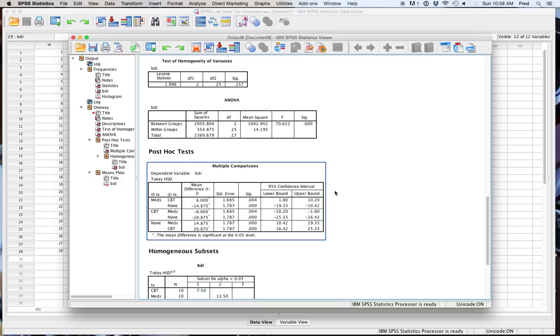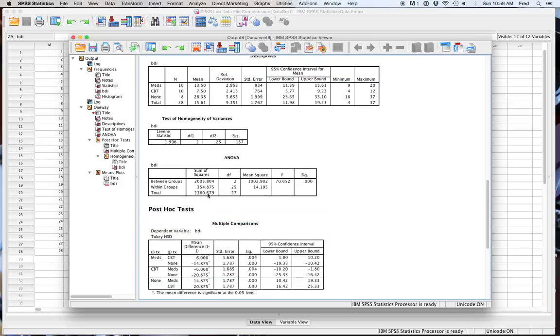So here are those 3 comparisons for our study. The way you read this table, the post hoc Tukey test, the Tukey HSD test, is you look at each row. So here, group 1 for this first comparison is the medication group versus the cognitive behavioral therapy group. The difference between those 2 means is 6 points.